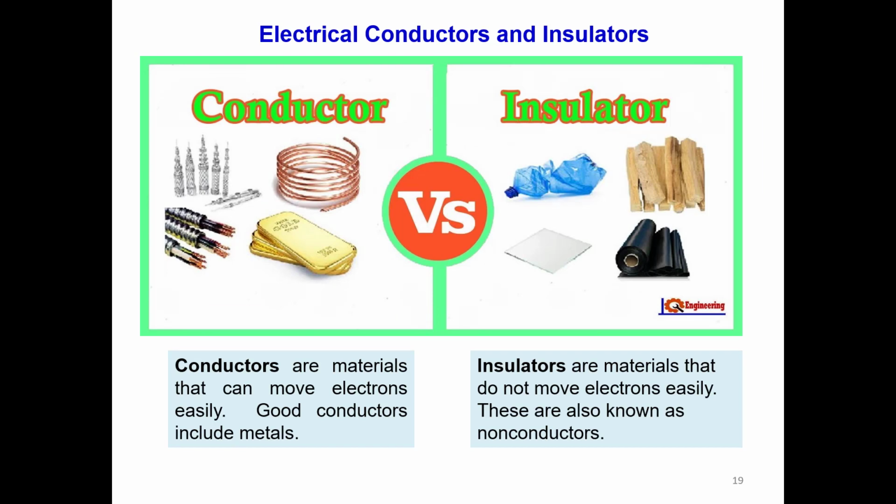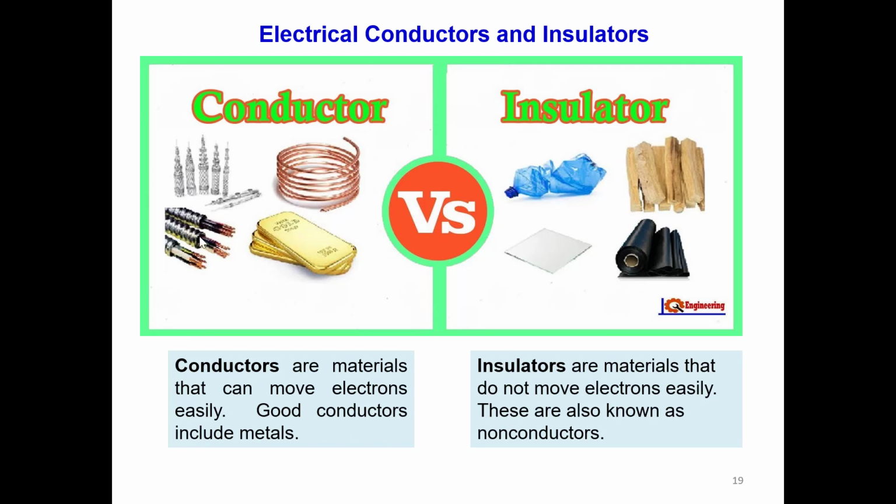It depends on how efficiently the materials transfer electrons. Then we can classify the materials as conductors or insulators. Conductors are materials that can move electrons easily. Good conductors are usually metals.